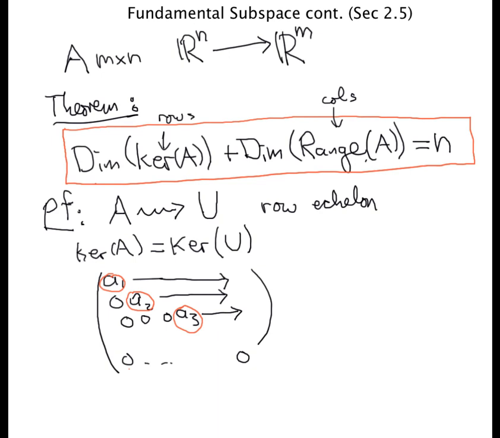Okay, and let's remember what information we can get from this. So remember the number of free variables. The free variables are the ones without pivots. And so the dimension of the kernel of A is the number of free variables, which is n minus the number of pivots.